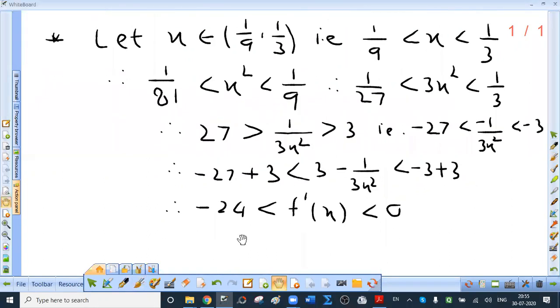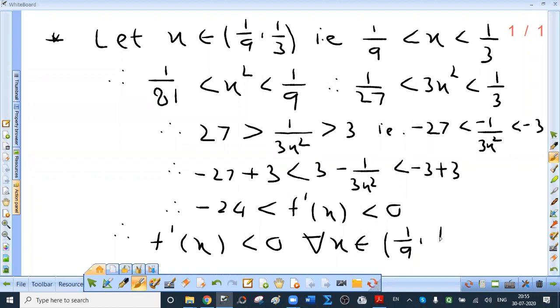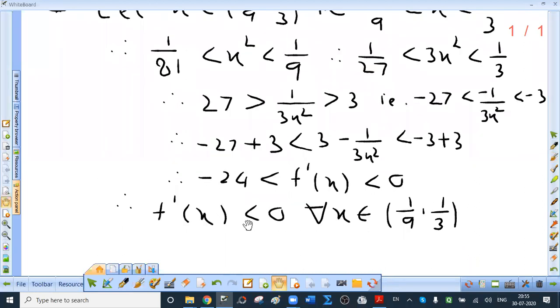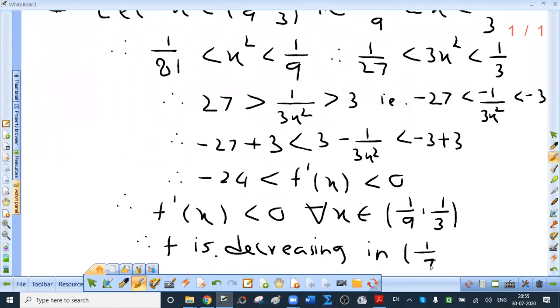What? F dash of x less than 0. Therefore, I can say f dash of x is less than 0 for all x belonging to which interval? 1 upon 9, 1 upon 3. Therefore, f is decreasing. F is decreasing in open interval 1 by 9, 1 by 3.